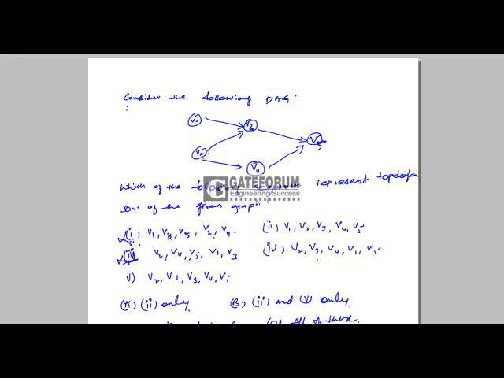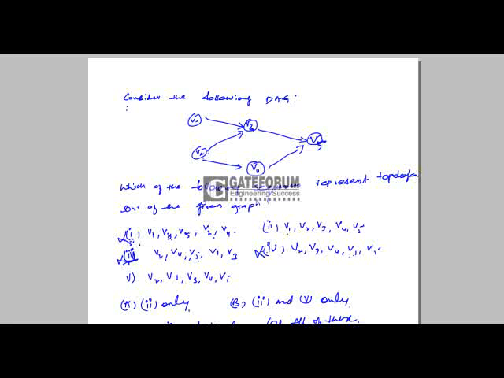If you see the fourth one, V2, V3, V4, there is a path from V2 to V3 and V4. There is a path from V1 to V3 but not from V3 to V1. Here after V3, V1 came, so we can eliminate this one also.